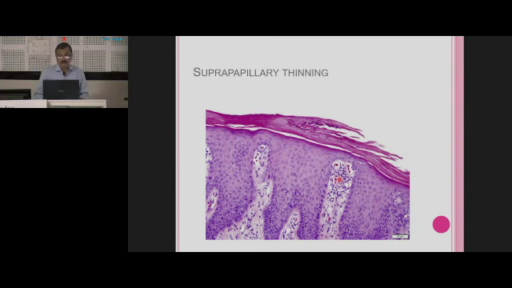Now this leads to a special sign known as the Auspitz sign in psoriasis, where when you remove the scale, you can see pinpoint hemorrhagic spots below the scale. Psoriasis is characterized by suprapapillary thinning.